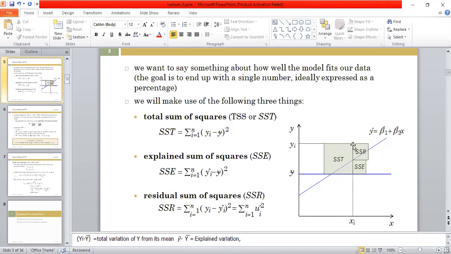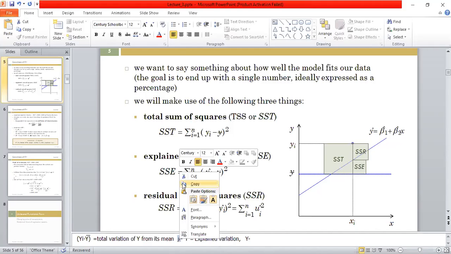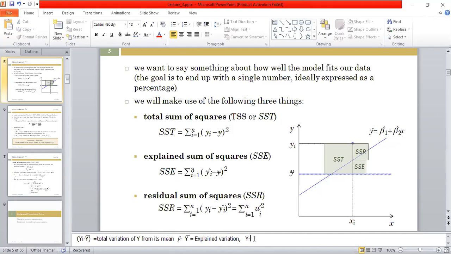Then what is this? Y minus y hat. But Professor, if x decreases, what happens with y hat and y bar? Y bar will remain the same, but the y value will go down.